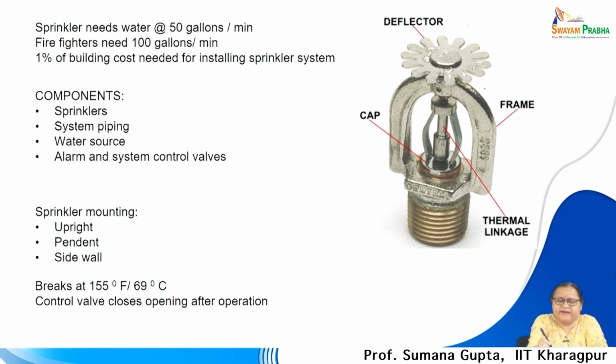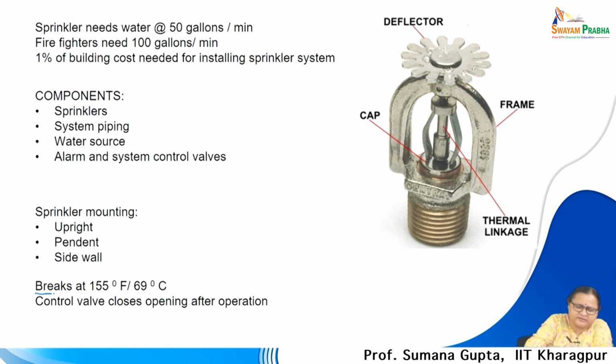There is a deflector, and these are usually made of a very low melting point metal, and they have an orifice which actually melts and allows water to rush out from that point and take action at the seat of fire, because the closest one will get heated first.